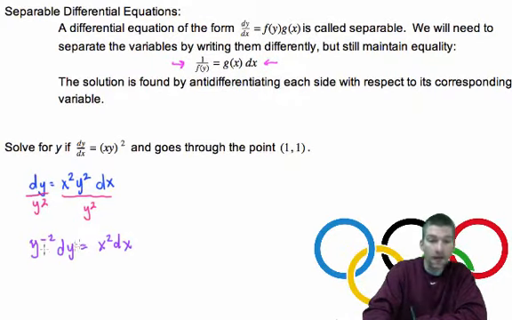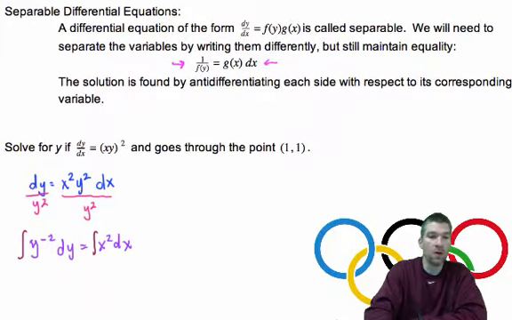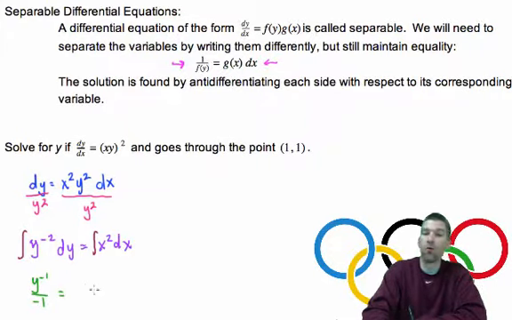Now we've got y dy, x dx, and we can integrate these. Remember, when you integrate, you add 1 to the exponent and divide by the new exponent. So on the left, I'm going to get y to the negative 1 over negative 1, and on the right, I'm going to get x cubed over 3 plus c.